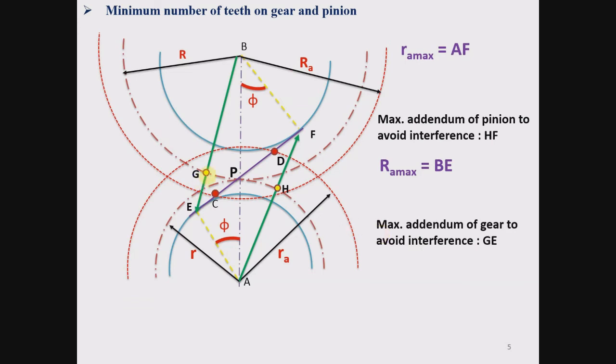So mark point G on pitch circle of gear on line BE, which is shown in yellow color here. GE is the maximum addendum of gear to avoid the interference. So write down: maximum addendum of gear to avoid the interference is distance GE.